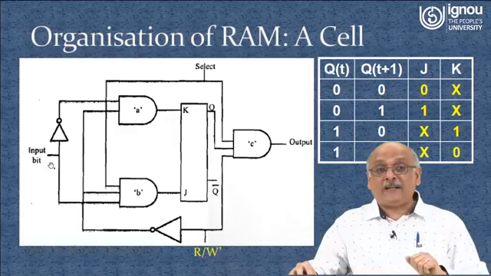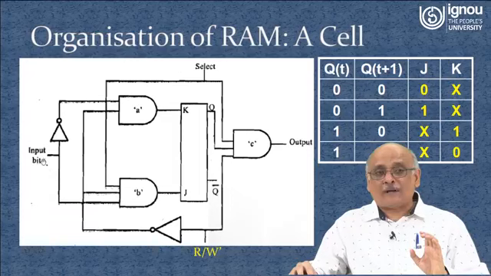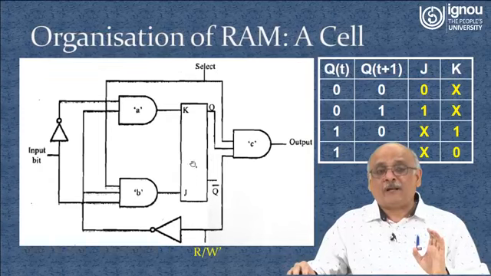So technically speaking, what have we done? This DRAM, during the write operation, depending on the input bit, will set or clear the flip-flop. Set means it will put the value 1 into the flip-flop only when the input bit is 1, and when the input bit is 0, it will clear this flip-flop.